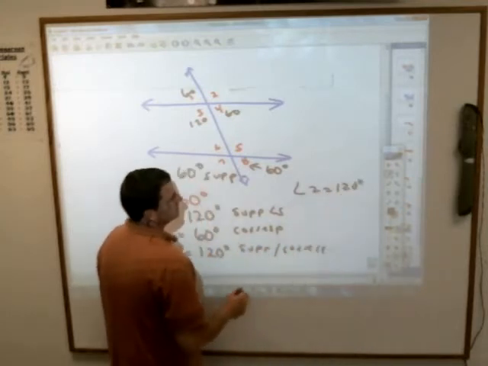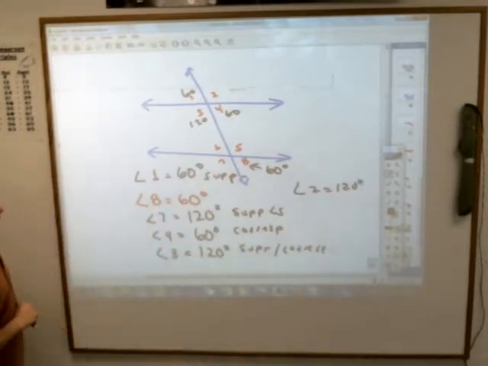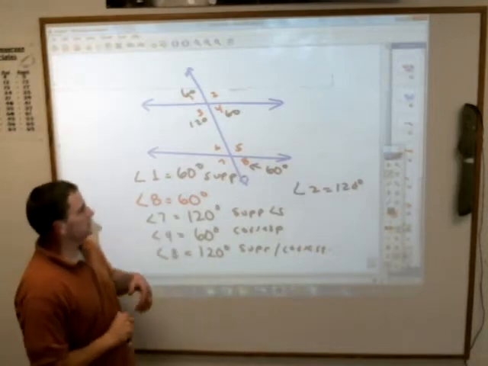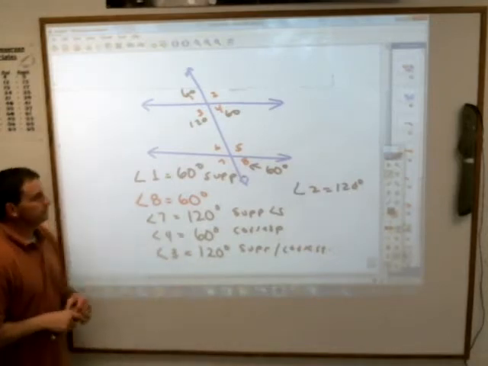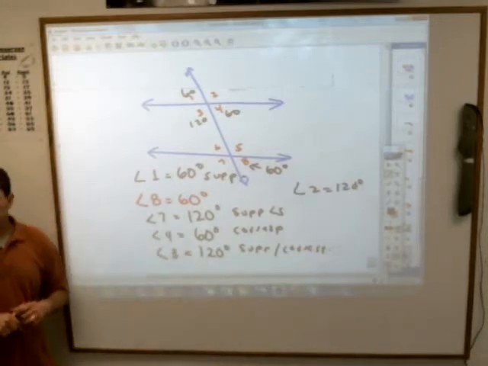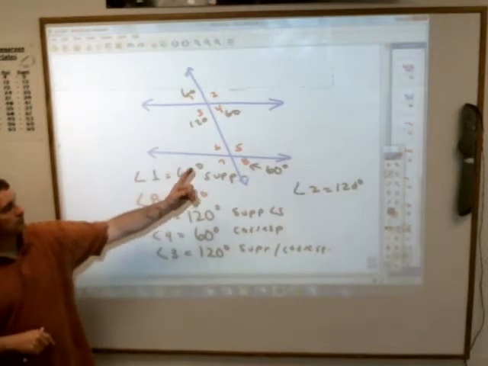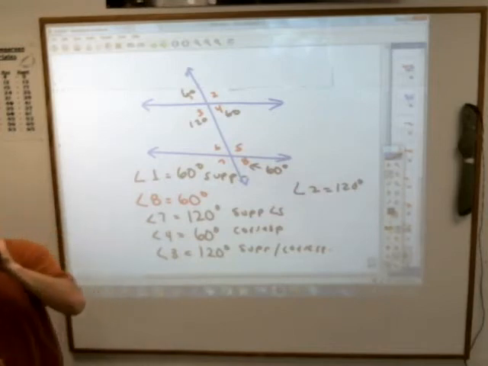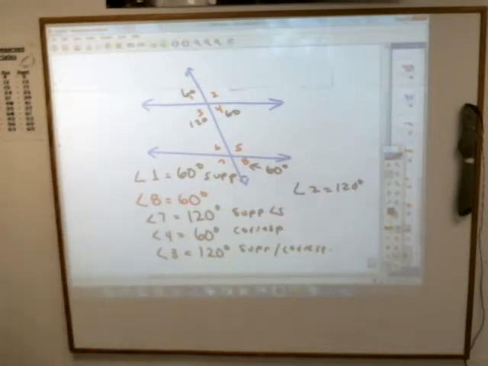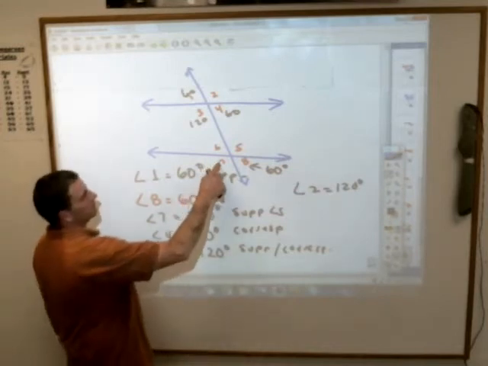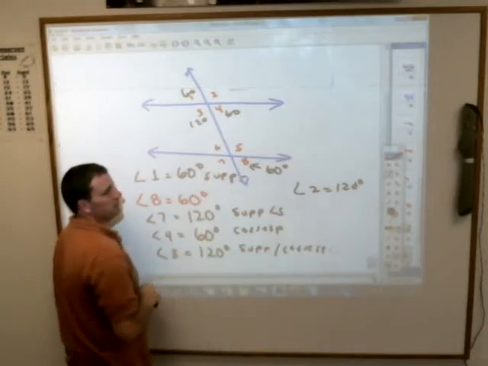Because it's supplementary. Supplementary. Good. Is there another reason why? Because it's the alternate exterior angle of angle number 7, we know that those are equal.